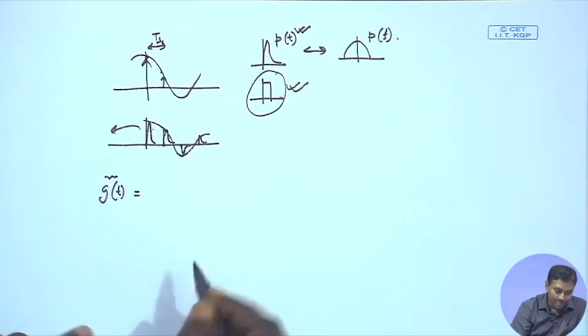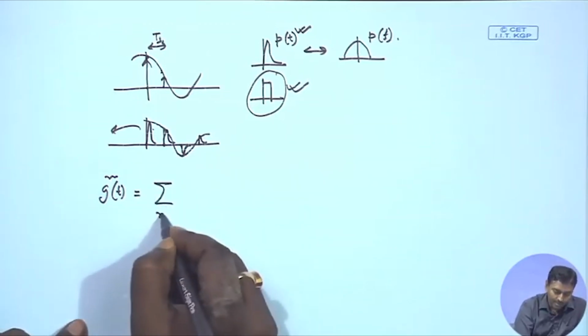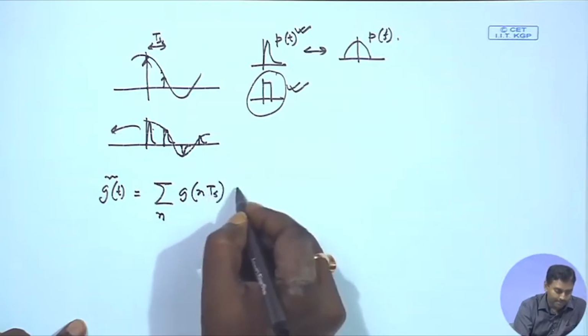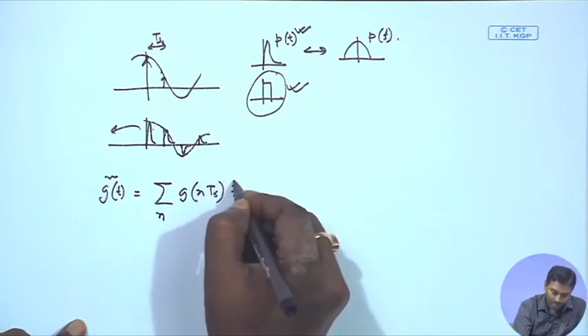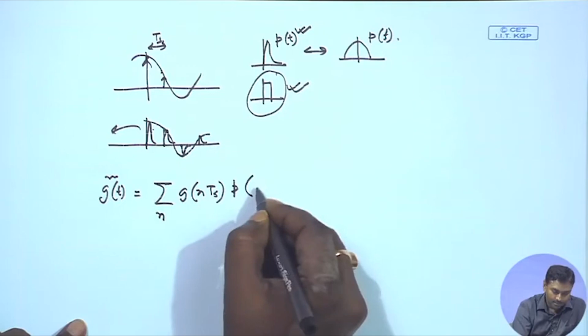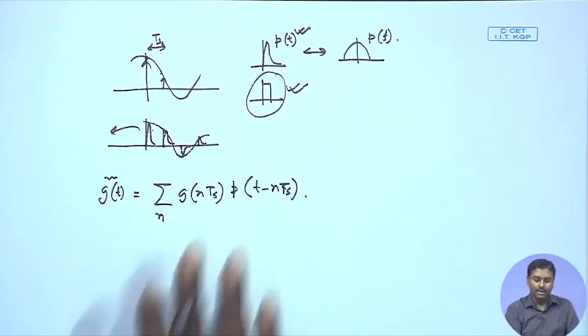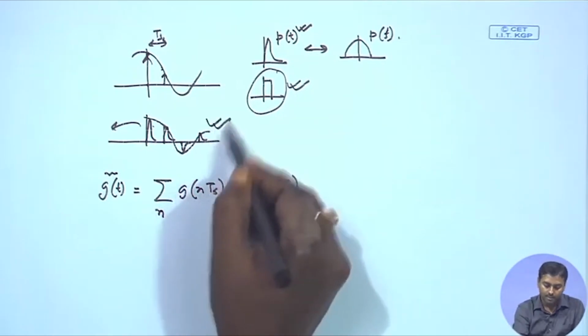So, basically this will be represented as the sum over n of g(nTs) p(t minus nTs). That is actually our signal.